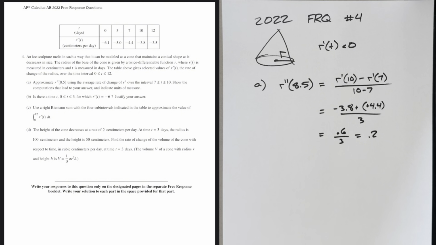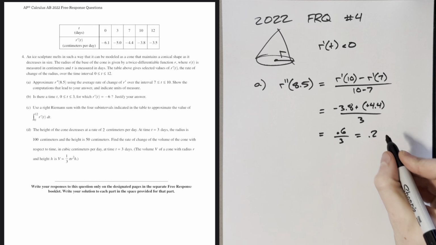But now it does say indicate units of measure, so we got to figure this out. Our radius is measured in centimeters, and when I take the first derivative and find that rate of change, I get centimeters per day. So when I'm looking at the second derivative, it's a rate of change of our rate of change.